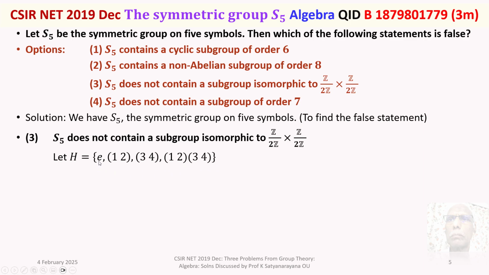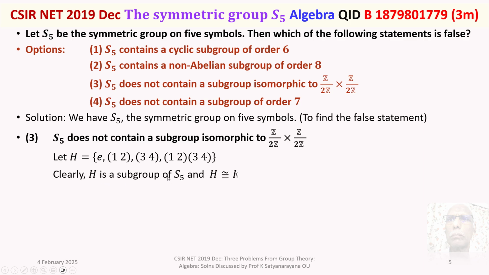How? Think now. It is e, a, b, c. See now, a squared equals b squared equals c squared equals identity, and ab is c, bc is a, and ca is b. These are the defining relations for the Klein 4 group.